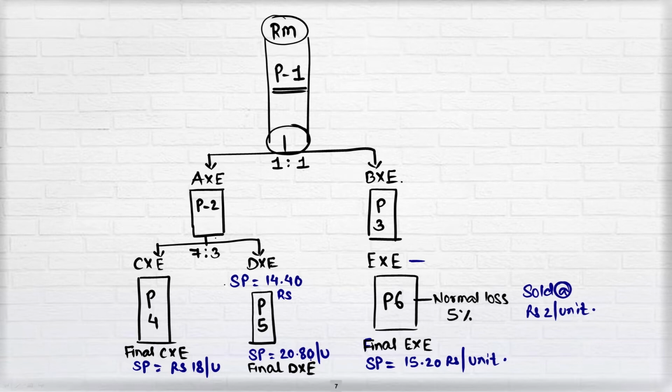Try to understand, I'm writing it down. This process is compulsory. There is no option to sell it at this stage. So these are compulsory, where there is only an option in process 5. In process 5, you can sell DXE or you can sell final DXE. Right?